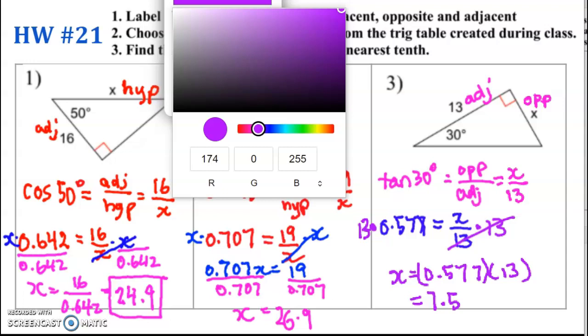Then you should be looking to see, does this make sense? Well, it's 30 degrees, and this is 60 degrees, so the side opposite 60 degrees is 13. The side opposite 30 should be smaller than 13, and it's 7.5, so that actually makes sense.